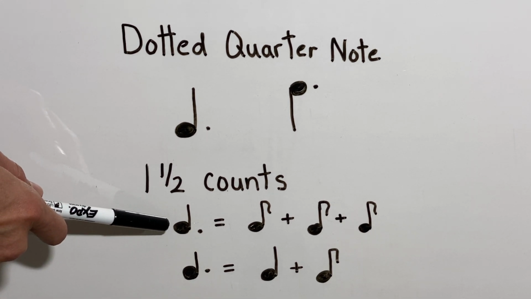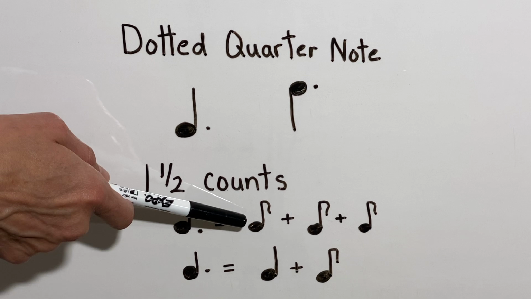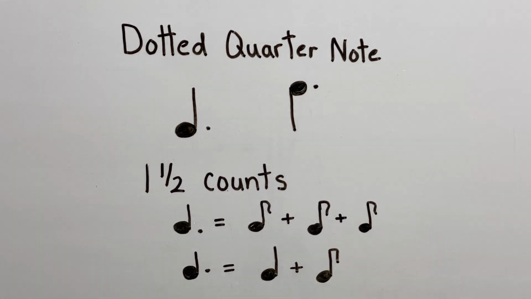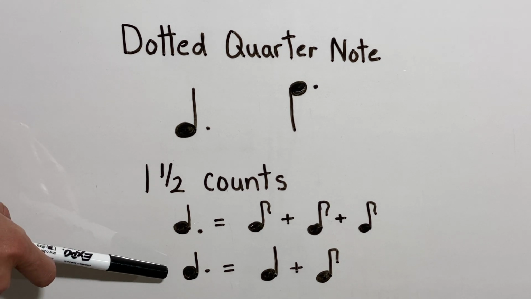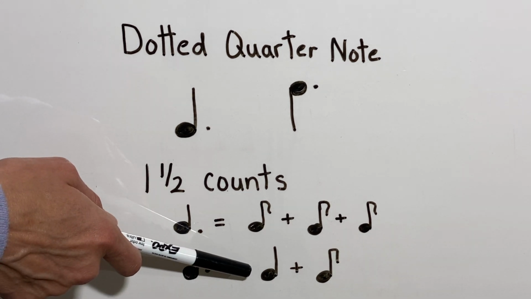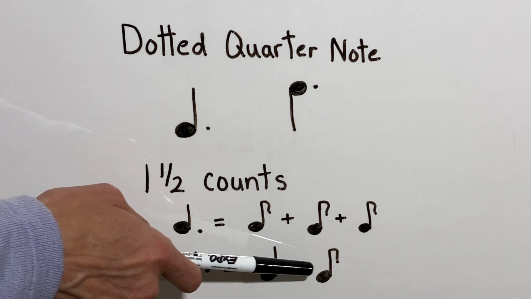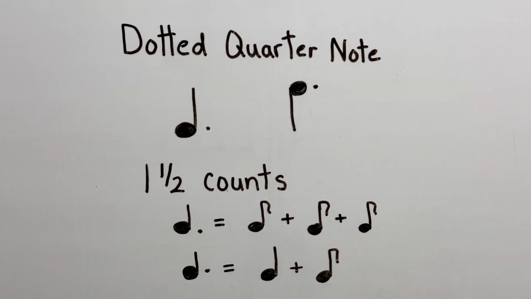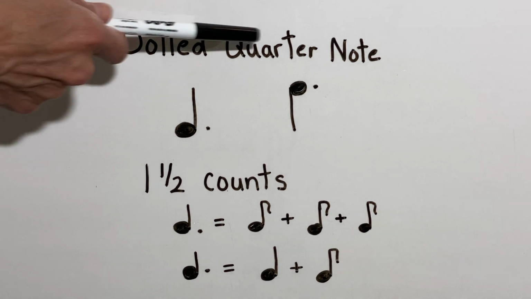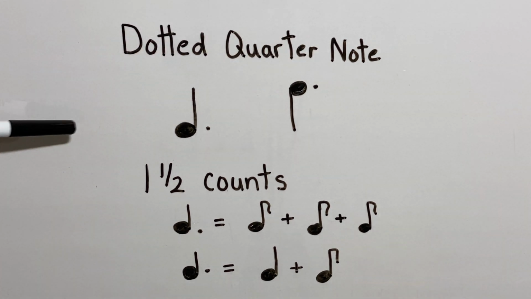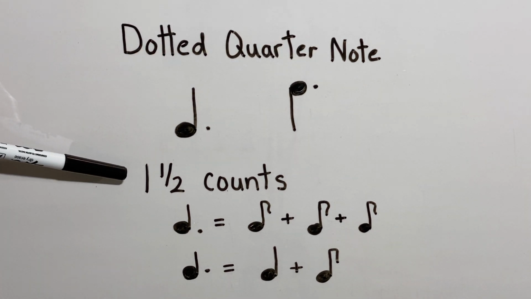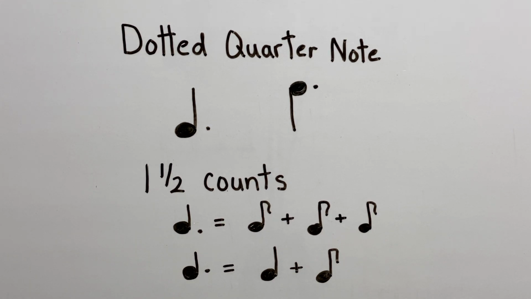Our dotted quarter note can be equal to 3 eighth notes, 1 plus 1 plus 1, because each eighth note is worth half of a count. Or it can be equal to 1 quarter note plus 1 eighth note, 1.5. For now, I just want you to memorize that our dotted quarter note looks like this, a quarter note with a dot, and it gets 1.5 counts.